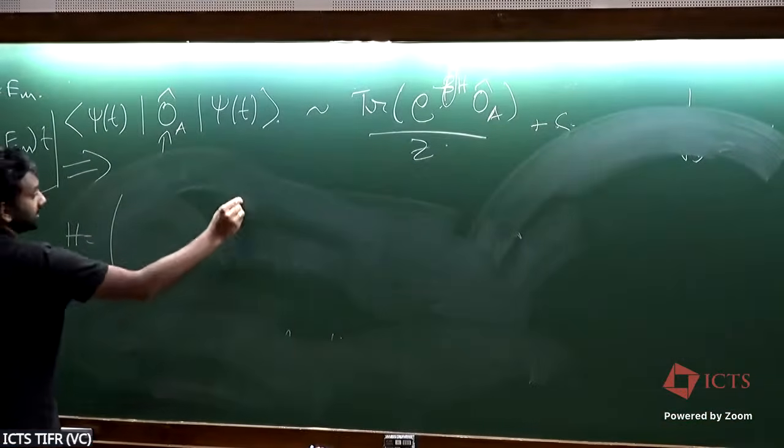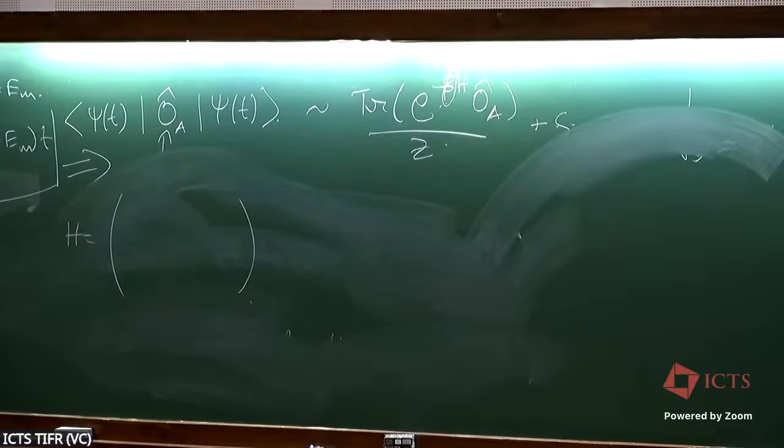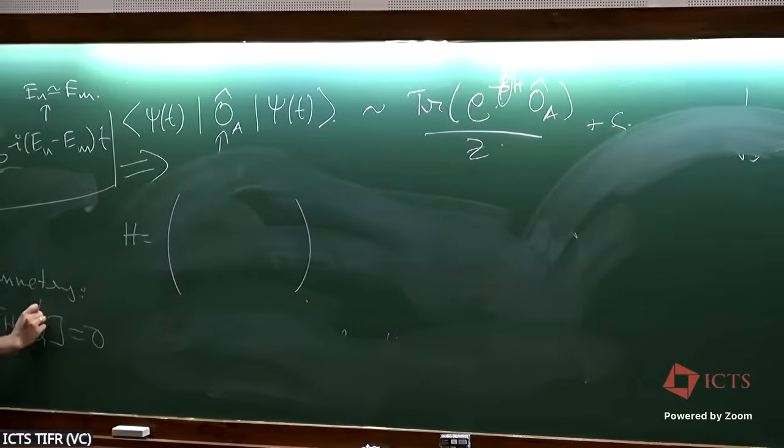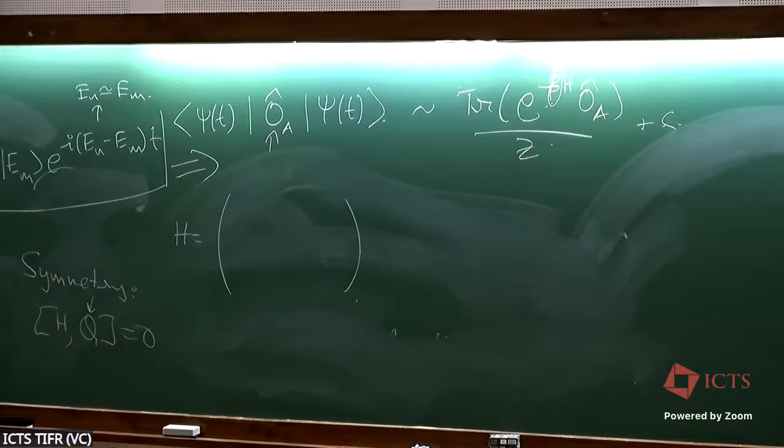A symmetry is, for simplicity, some simple operator which commutes with your Hamiltonian. So this is the symmetry, right?